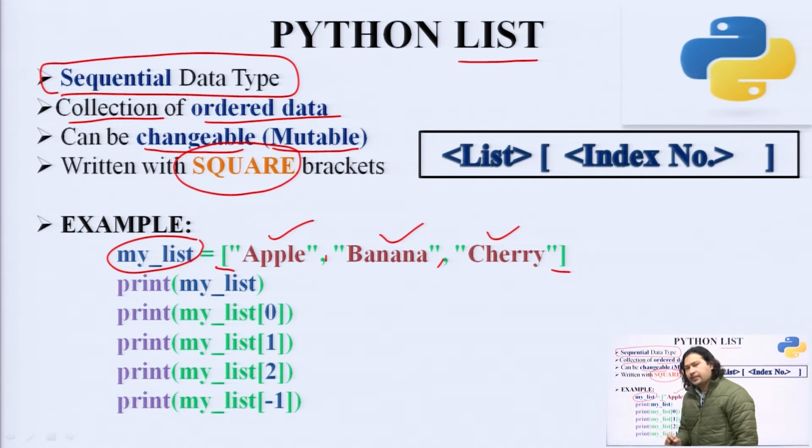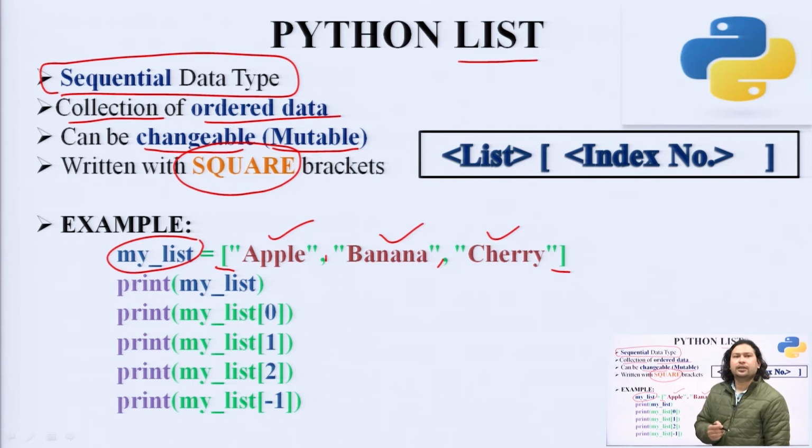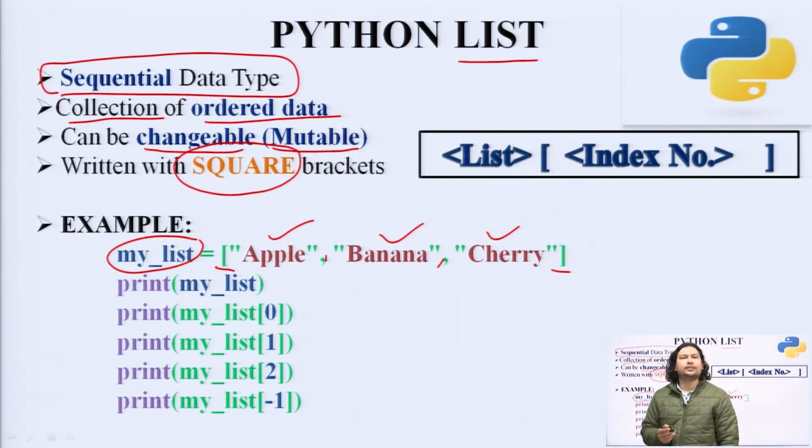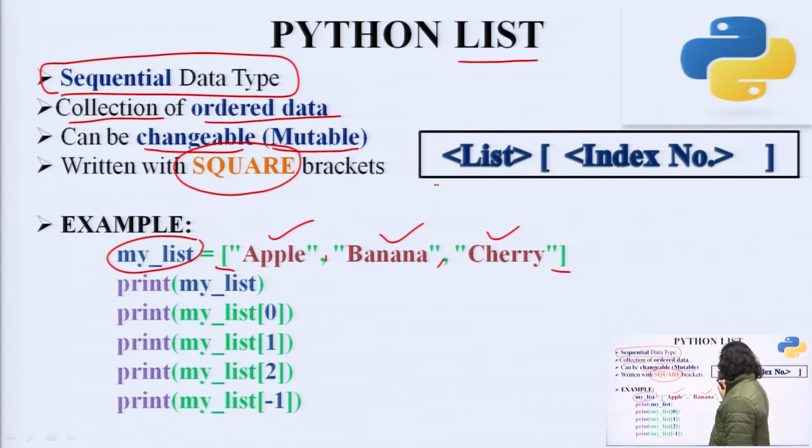So, the next thing is how this list is an ordered data type. It is because of the indexing principle. You can say the indexing principle is valid in the list data type, just similar to the string data type. In the string, the data are arranged by the indexing numbers. Here it also follows for the list data type.